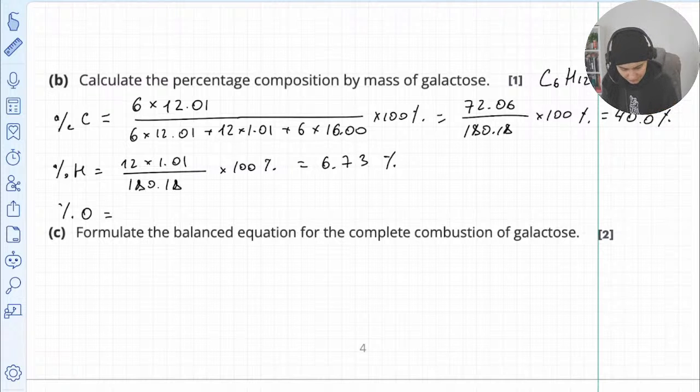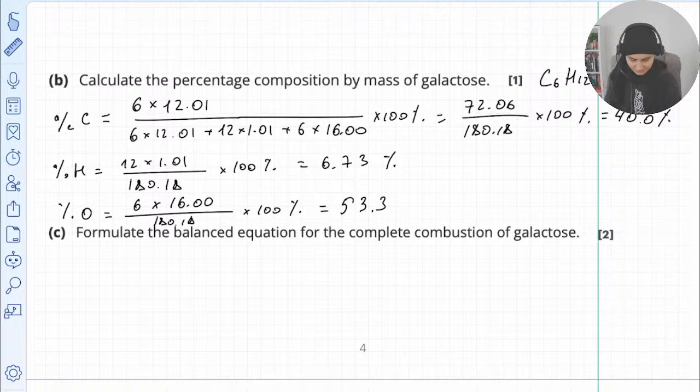So it's 6 oxygens, so you do 6 times 16 over 180.18 times 100. 6 times 16 over 180.18 is 53.328. Well, yeah, something is off with rounding. Let's put it as 53.3.